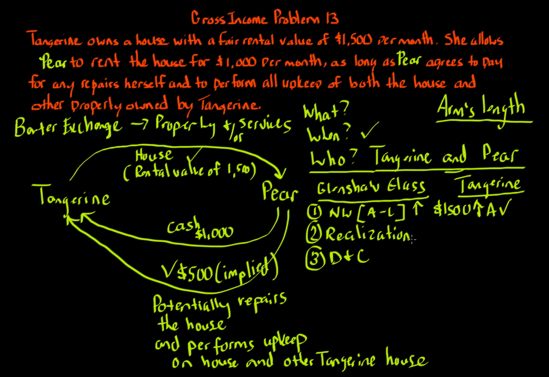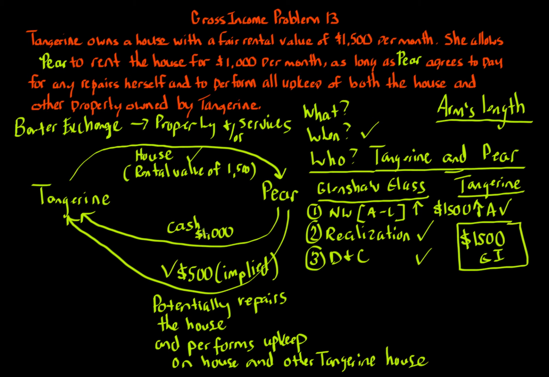All right, what about realization? Well, Tangerine owns the house before and after, and then there's this rental that comes off it. We saw this in a previous video as well. So the realization is a severance or separable rental amount from the house. And then dominion control: are there any restrictions on the services or the cash? No, they have to take place. So therefore, Tangerine has to record $1,500 of gross income, which is basically the fair rental value of the house.